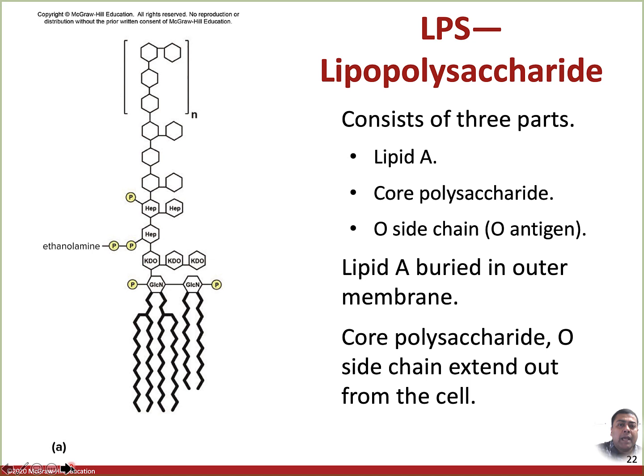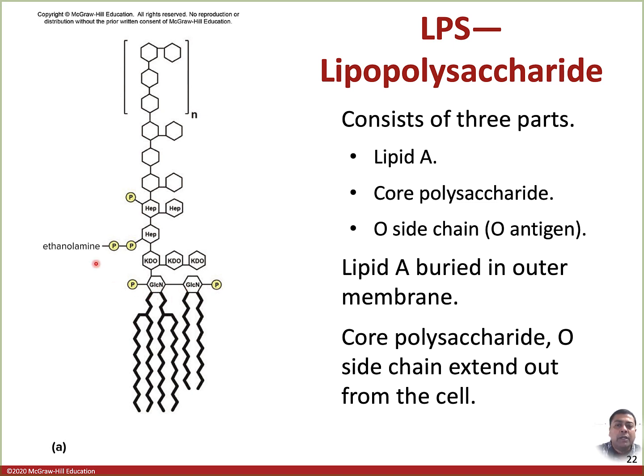If we look at the typical lipopolysaccharide structure, it consists of three parts. The first part is lipid A, which is buried into the outer membrane lipids. The next part is the core polysaccharide, which has several different carbohydrates attached: glucosamines, 2-keto-3-deoxyoctonate, and heptulose.